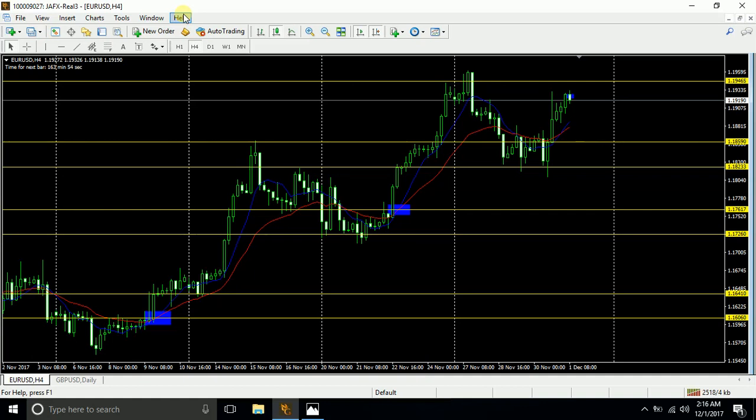The most significant candles are going to close at 1 a.m., 5 a.m., or 9 a.m.